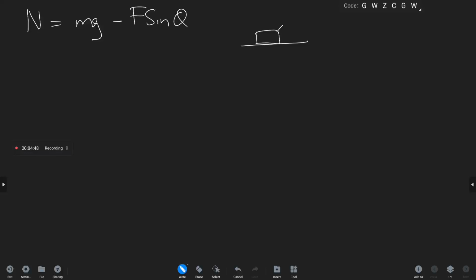Now we have the force acting in 2D. It might be the applied force, it might be the tension, it all varies. Now it is acting at an angle theta, so it's within the x and y axis, so to speak.